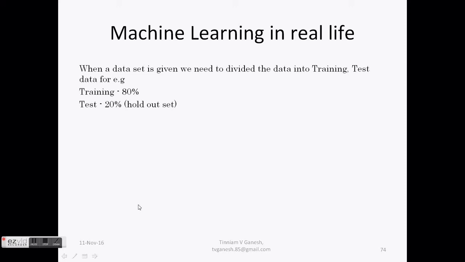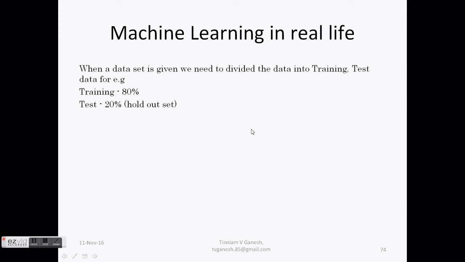So rather, you take a random sample, about 80% of the data, and you train your model on the 80% of the data, and then you test it on the remaining 20%. If it fits the remaining 20% well, then you can say that you have been able to generalize the data very well and you have got a very good model.